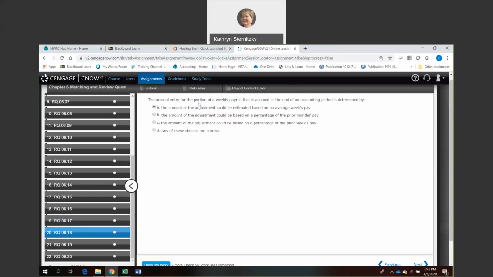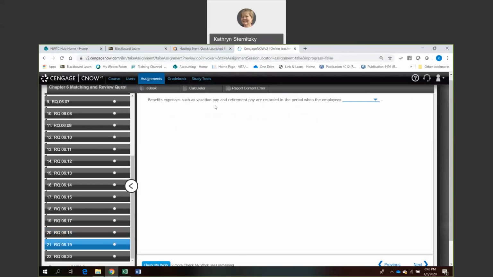The accrual entry for a portion of a weekly payroll accrued at the end of an accounting period is determined by, I believe it is this, let's see here. Okay, it's this one. The amount of an adjustment can be based on the percentage of a prior week's pay.